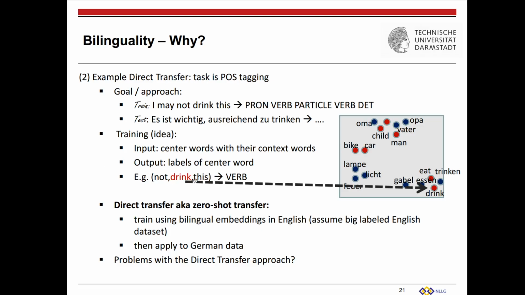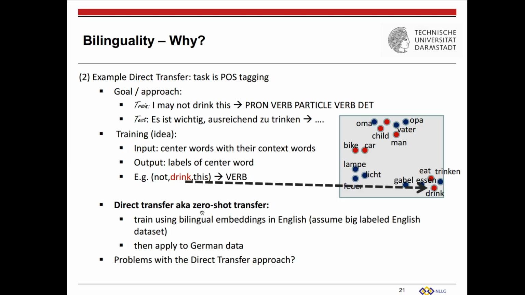Then we convert that representation into vectors. So we get a vector here, a vector here, a vector here. Where do we take these vectors from? We take them from our bilingual space. So drink would get this vector here, not would get some other vector in this space, and this would get another vector in our space. And then we train a classifier on that. And of course it has a softmax output, the network that we would train to do multi-class classification. We would predict that this is a verb. So this occurs in the training.